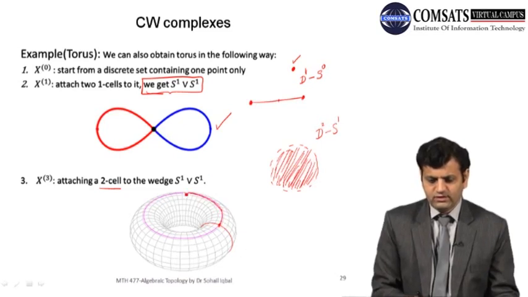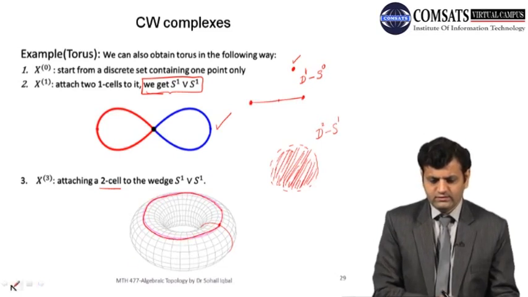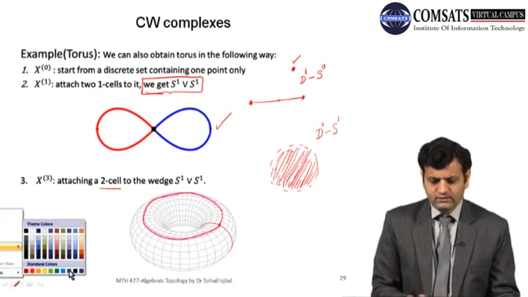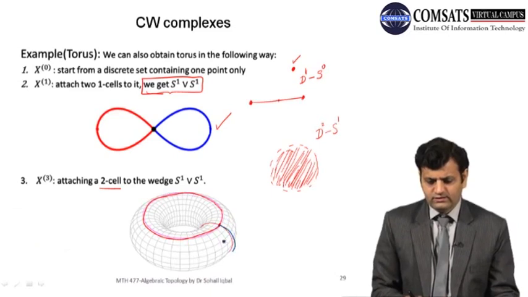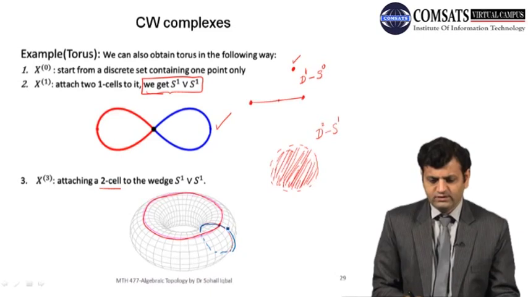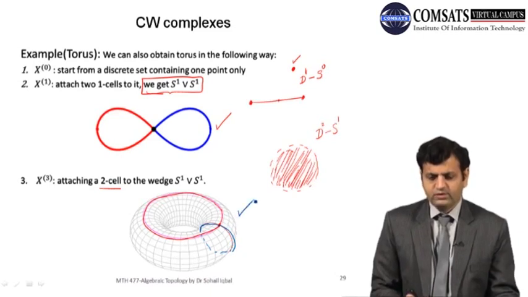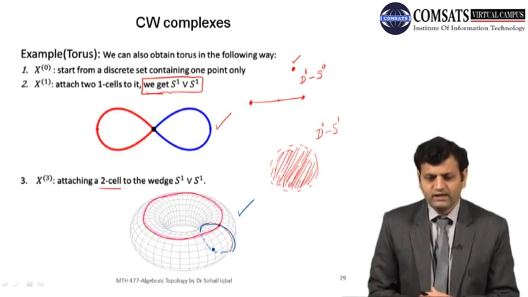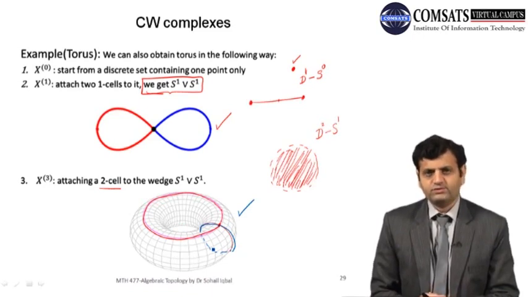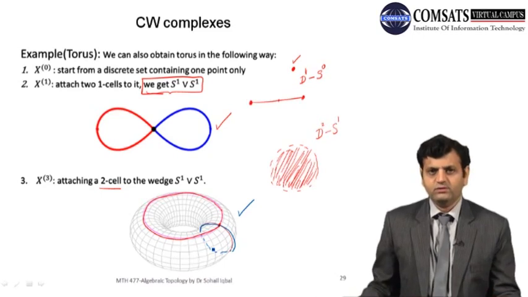This is our first circle, and this is our second circle. We attach the 2-cell and we obtain a torus from it. So that's how we obtain a torus using this procedure. In other words, a torus is a CW complex.